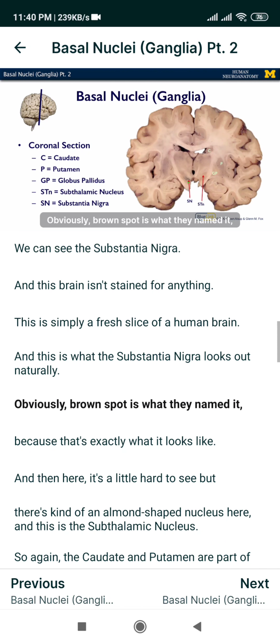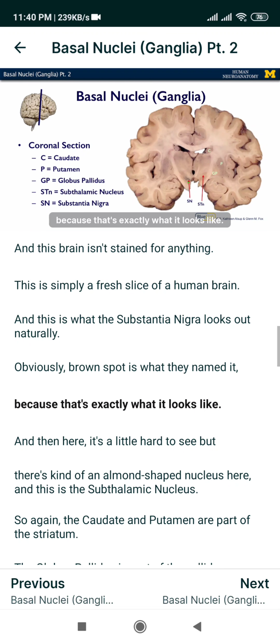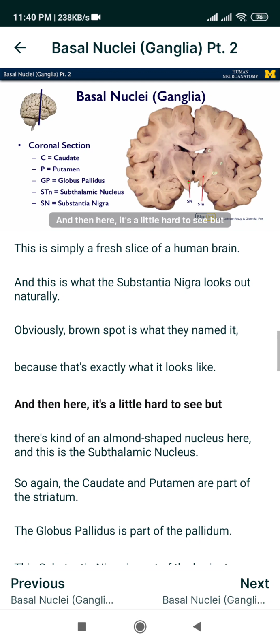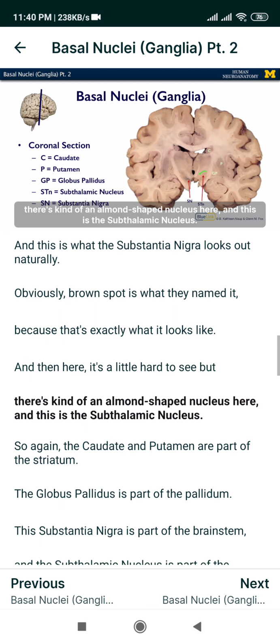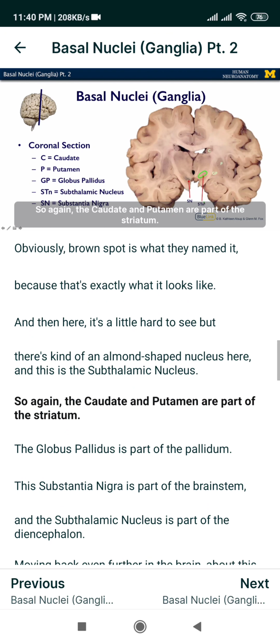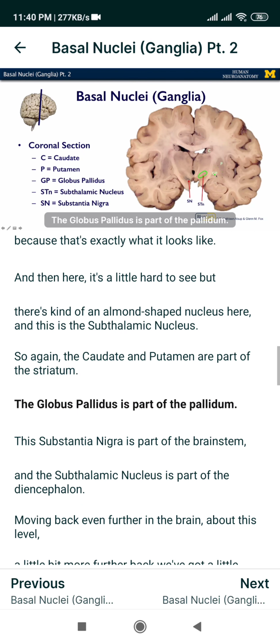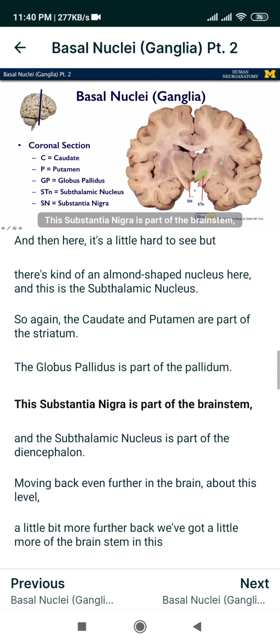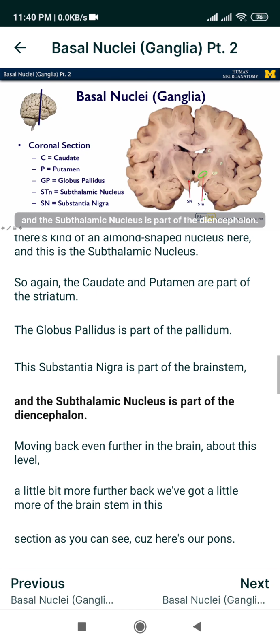Obviously, brown spot is what they named it because that's exactly what it looks like. And then here, it's a little hard to see, but there's an almond-shaped nucleus here, and this is the subthalamic nucleus. So again, the caudate and putamen are part of the striatum, the globus pallidus is part of the pallidum, the substantia nigra is part of the brainstem, and the subthalamic nucleus is part of the diencephalon.